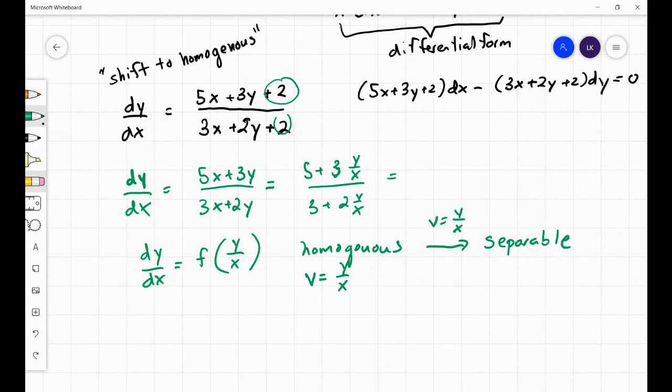Okay, but of course this is not what we're dealing with. It's these two constants, these pesky little twos that make this not homogeneous as it stands. But the idea then is to take the old x, if you will, the x that we have in the original differential equation, and let it be equal to a new x, but shifted over.